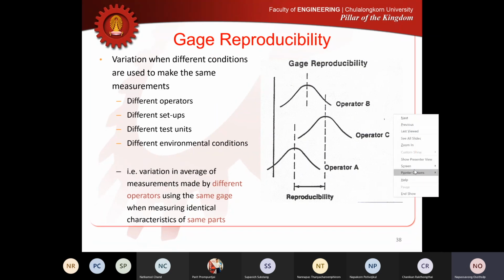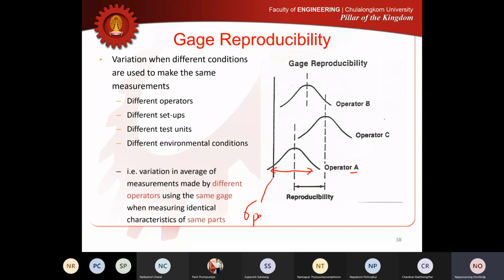Let me get a pen. So the variation here within operator A means sigma regarding repeatability in this case, because this variation comes from the same operator, but different times. If different times we get different results, there will be variation.